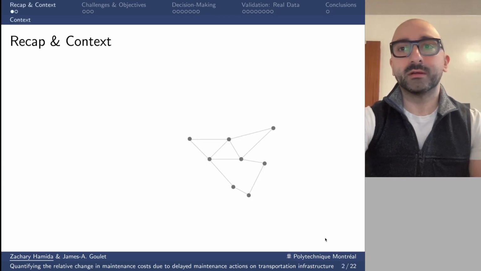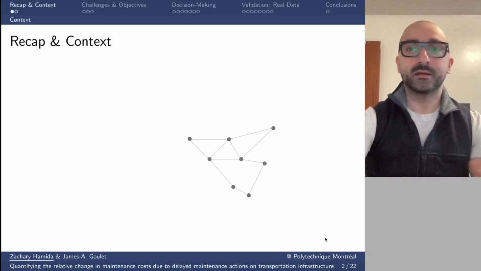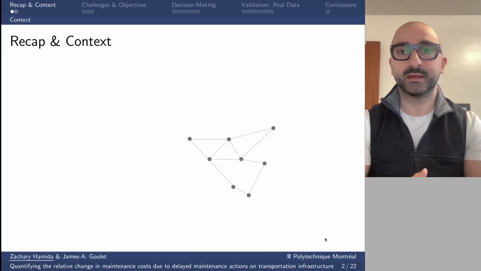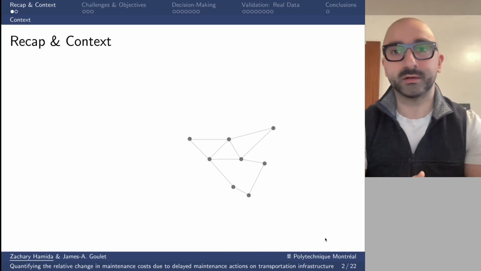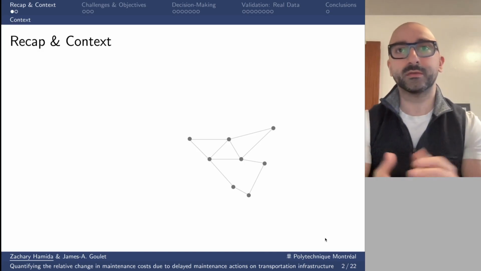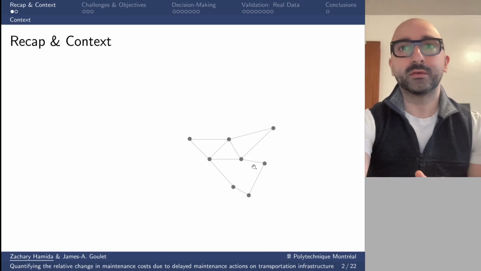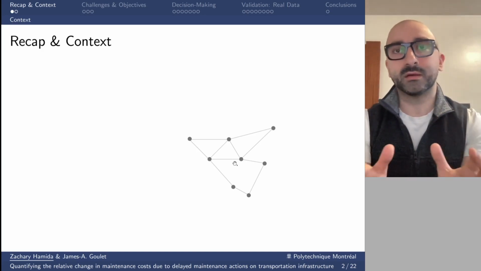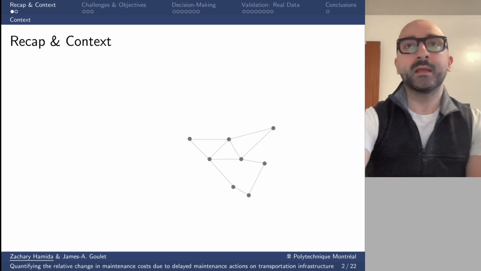So we can start with the context to provide some foundations about decision making and structural health monitoring. In this graph that you're seeing here, where we have nodes and links, you can imagine this as a sample from a network.